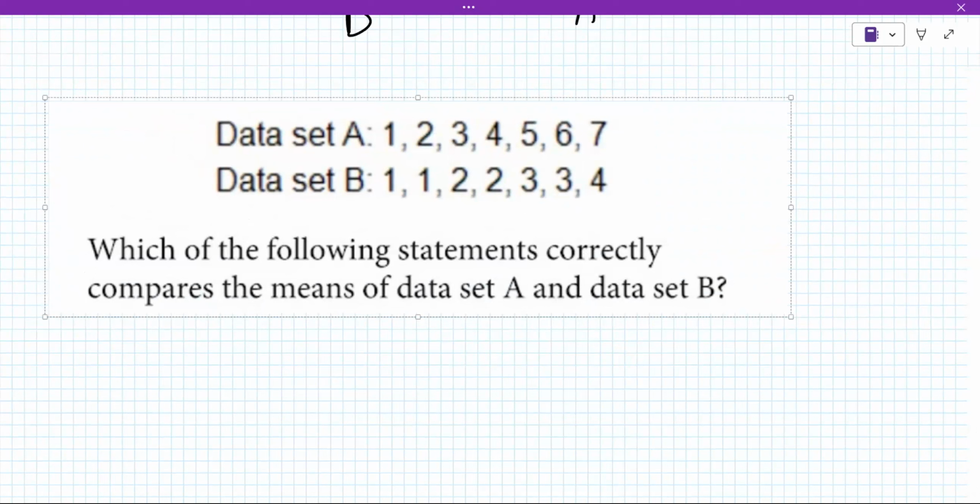Just looking at it, maybe there's something that stands out to you and you can tell that the mean is bigger or smaller, and here's why. Data set A, because it has a larger range. I agree. Now let's look at the full question in context with the answers.